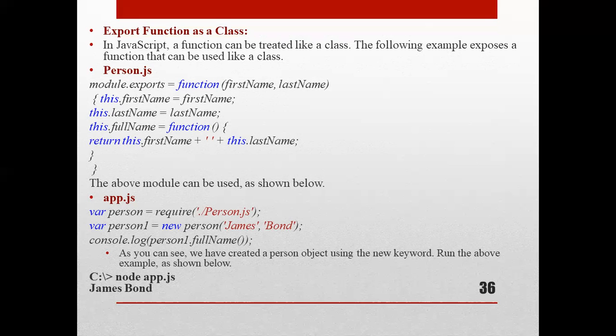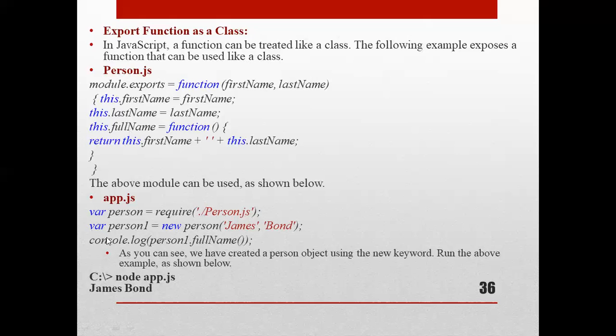We directly call that function, and the body of that function returns this.firstName, plus a space in single quotes, plus this.lastName. Okay, person.js is one module. We are going to import this module in another file like app.js, having one variable person, where person equals, using the require function, we import that person.js module with the path ./person.js.